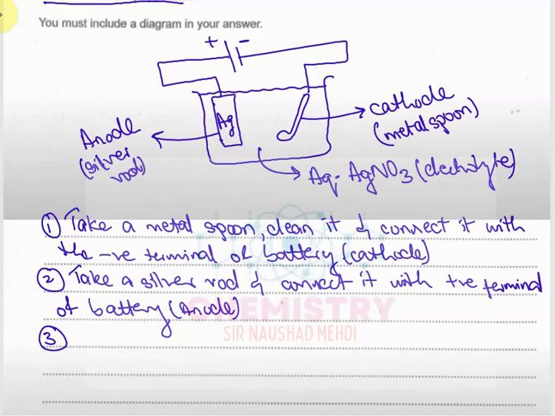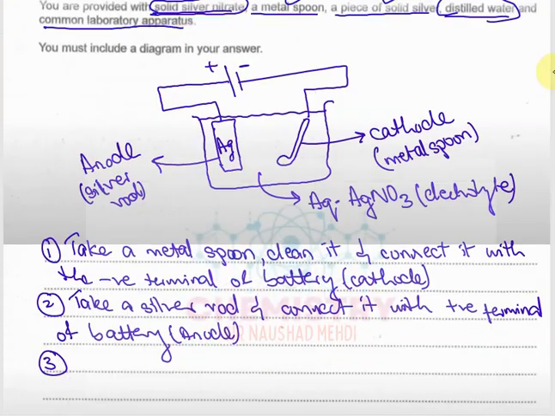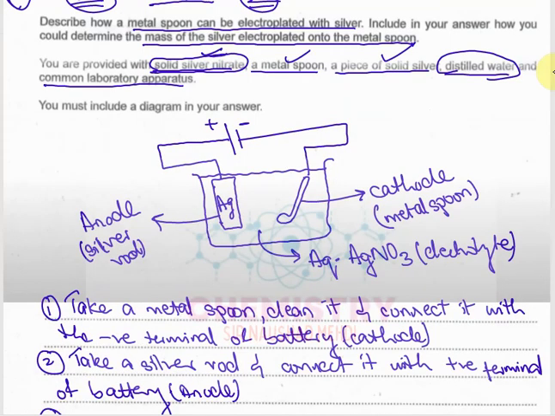So first of all you have to prepare that electrolyte solution. Why? Because the silver nitrate was given in the solid form and you were having the distilled water.